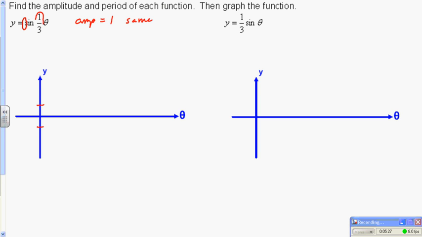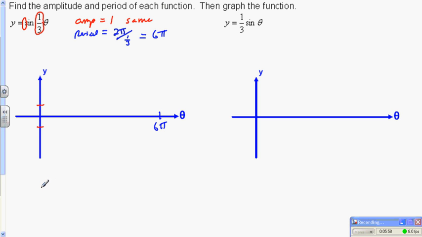However, this affects period. So the period will be, and let's do radians, 2 pi for the regular sine function. We're going to divide by b. Well, that's the same as multiplying by 3, so 2 pi times 3 is 6 pi. So to make this fit, I'm going to say this is 6 pi.